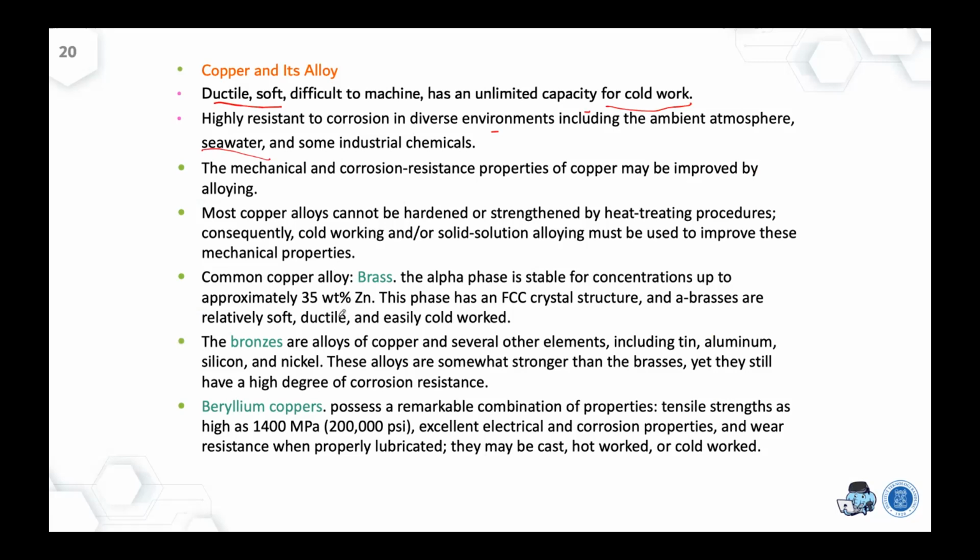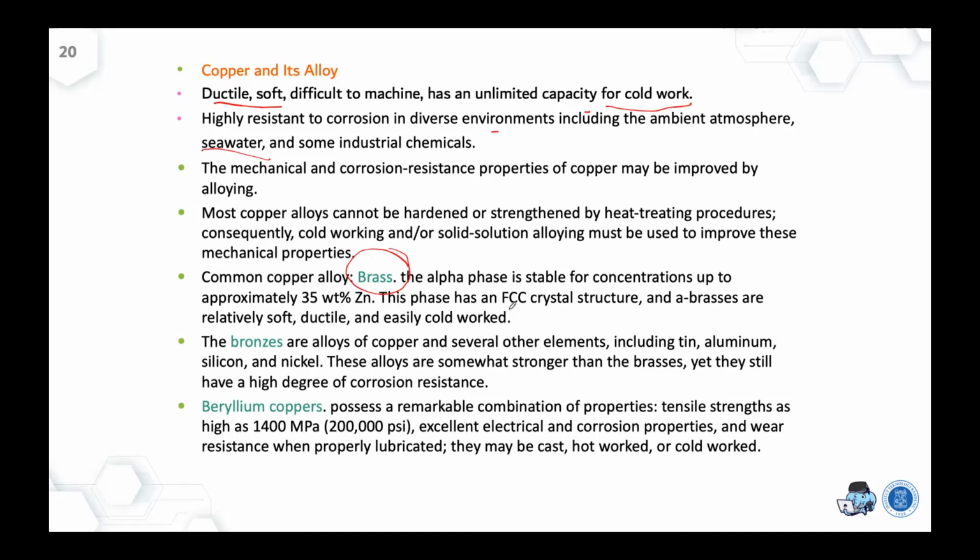If you remember the very complex phase diagram that looks like a dinosaur, a few weeks ago, in the phase diagram we have a common copper alloy, which is brass, kuningan, and it has 35% of zinc.